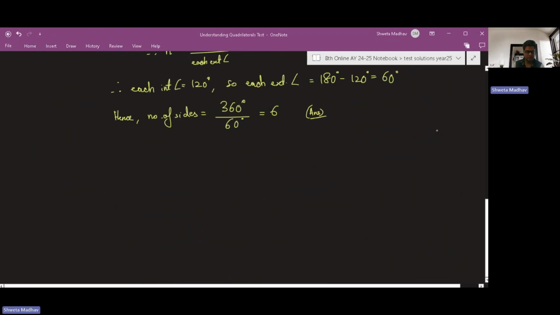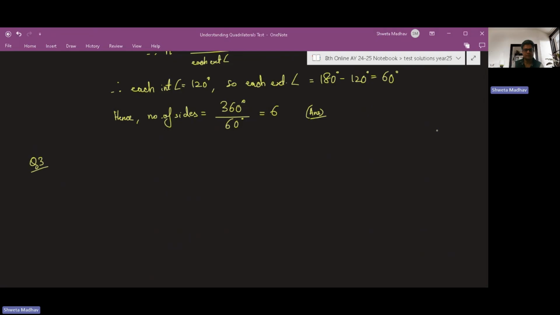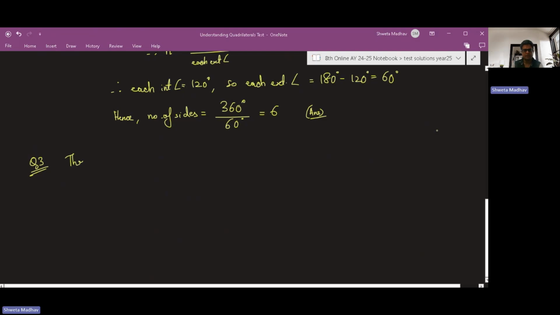Then question number 3. Question number 3, it has been told that 3 angles of a quadrilateral are equal.